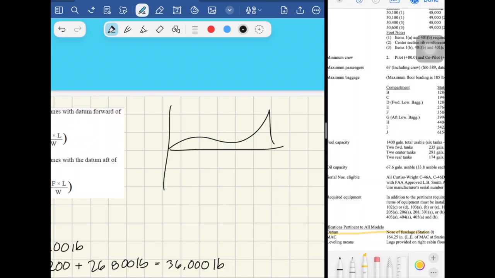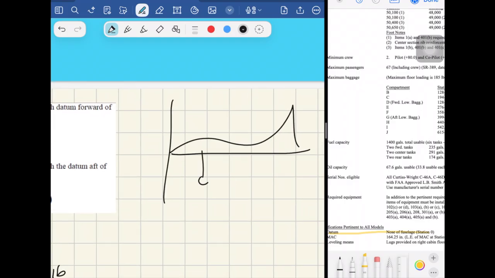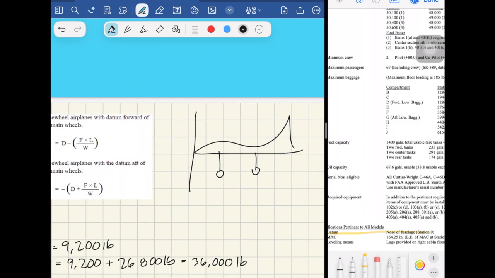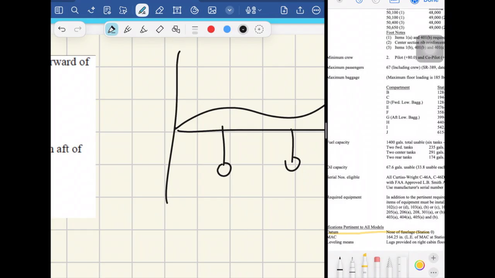The datum is here at the nose of the aircraft, and then we have the nose landing gear and the main landing gear. During weighing, the nose landing gear is 90 inches from the datum, so the distance from the datum to the nose landing gear is 90. And from the datum to the main landing gear, that is 320 inches.